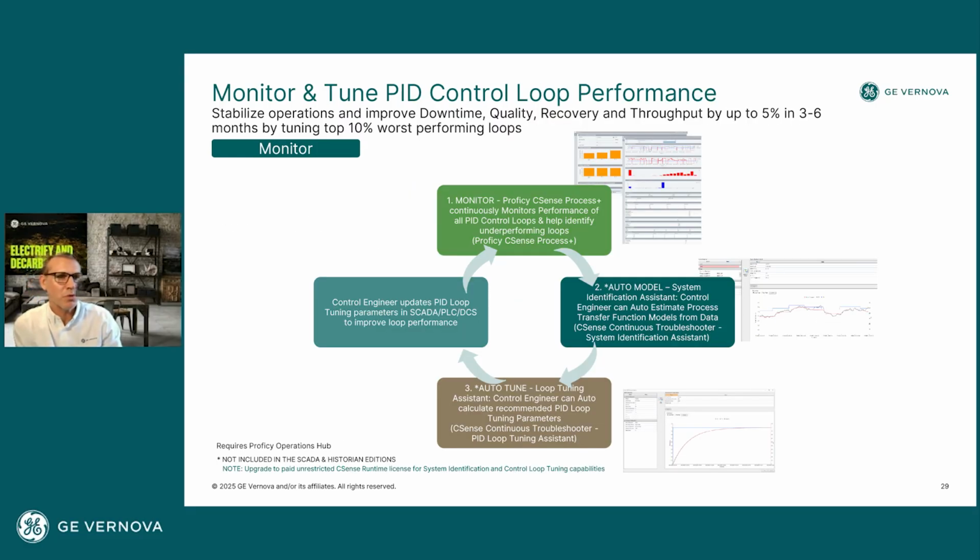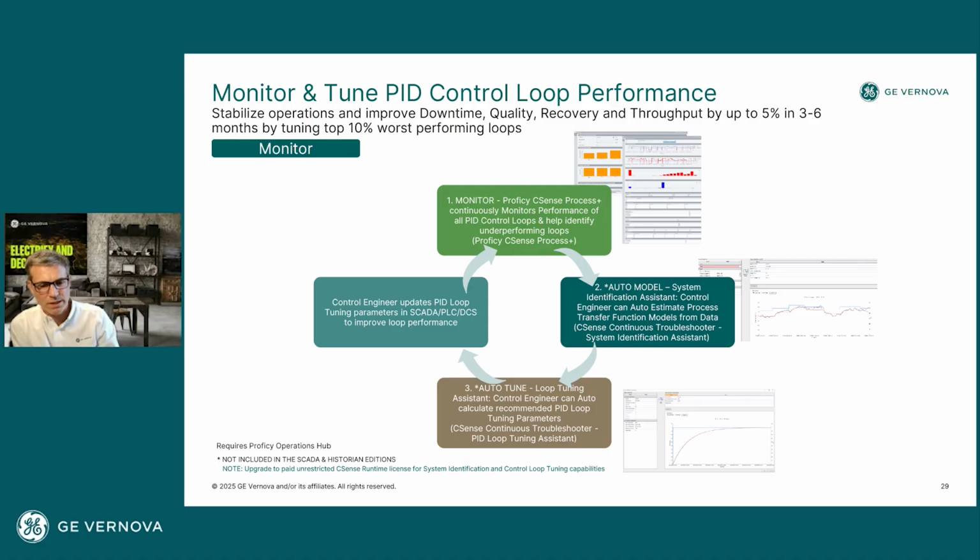Also, another monitoring template is our PID control loop performance monitoring template. I have already touched on some of the benefits of PID control loop performance monitoring and tuning with CSense. It is massive.